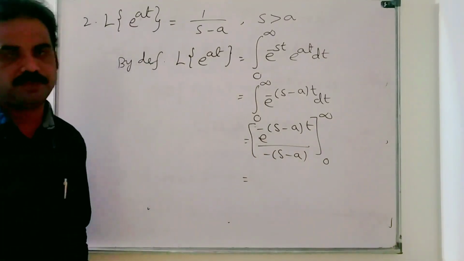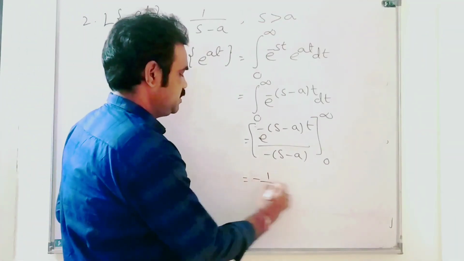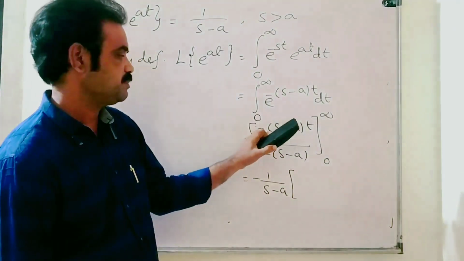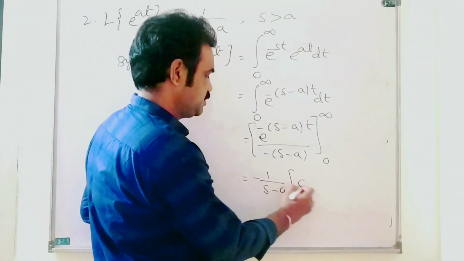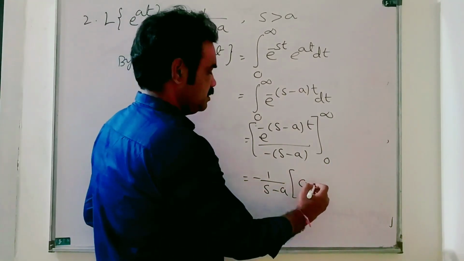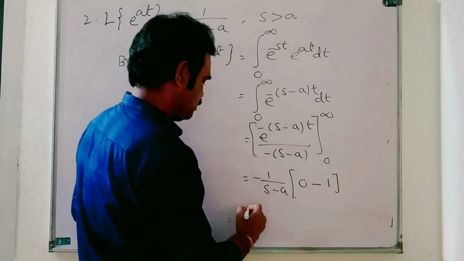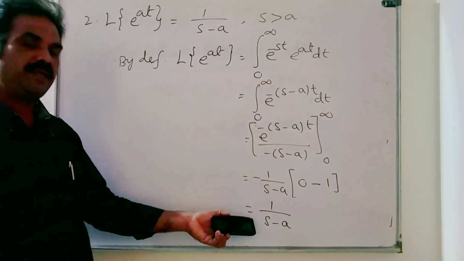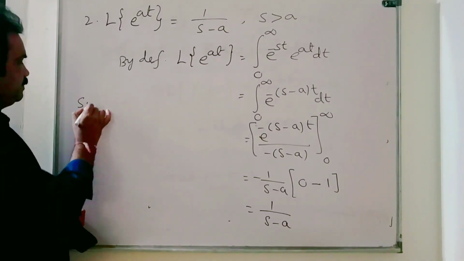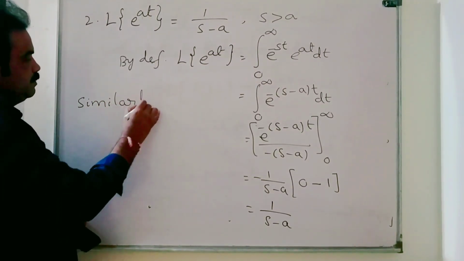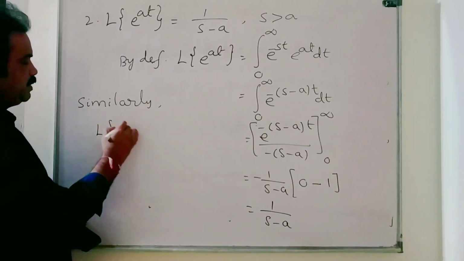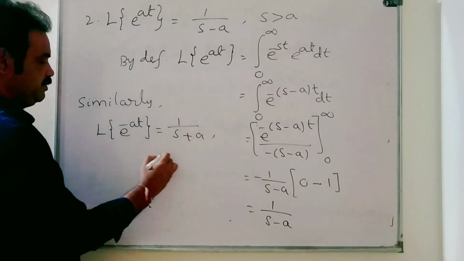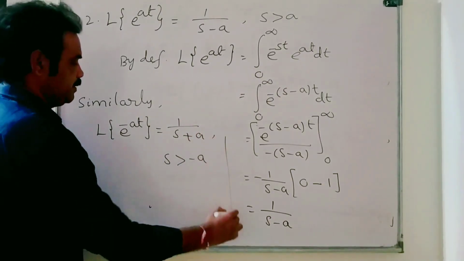That is equal to minus 1 by s minus a into, now if you substitute infinity, this becomes e power minus infinity, which is 0. The lower limit is 0, e power 0 is 1, that is equal to 1 by s minus a. L of e power at is 1 by s minus a. Similarly, L of e power minus at is 1 by s plus a, where s greater than minus a.